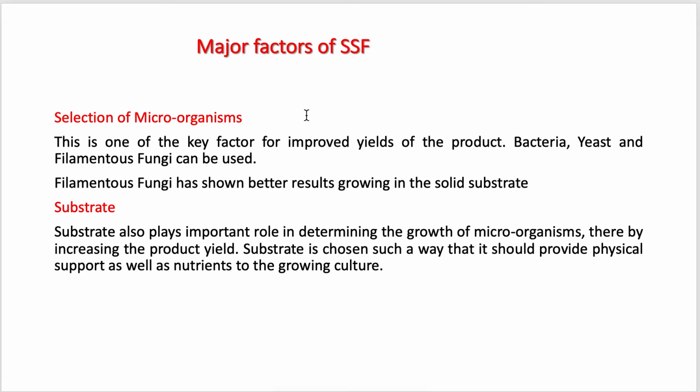However, filamentous fungi show better results growing on solid substrate. Then the substrate: which kind of substrate we will use. Substrate plays an important role in determining the growth of microorganisms, thereby increasing product yield. It should be chosen so that it provides physical support as well as nutrients to the growing culture.